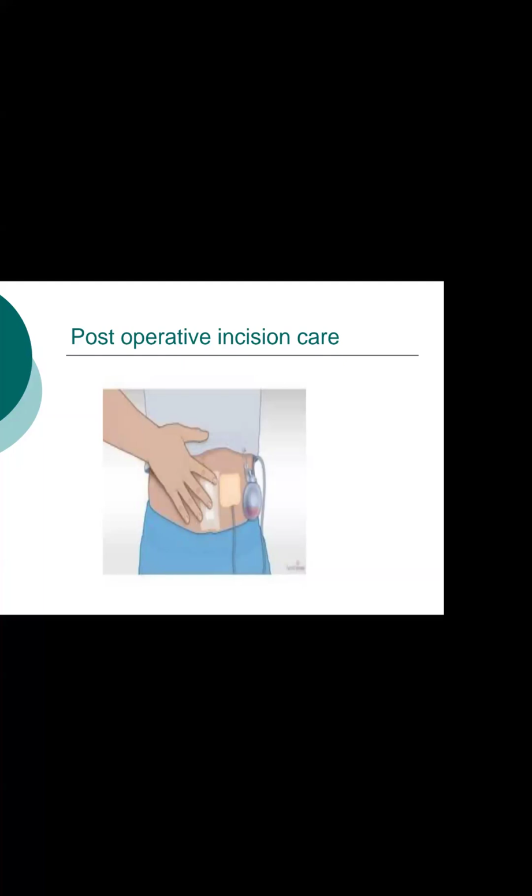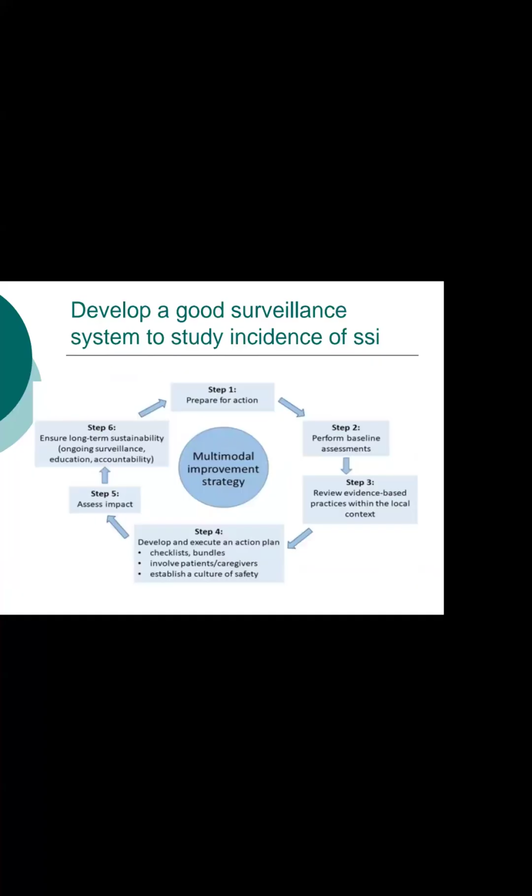And also the last option, develop a good surveillance system to study the incidence of SSI. So whenever there is an SSI in your hospital, study that so that you can prevent it in future. Use standardized case definitions. Use methods for inpatient and outpatient case finding. Assign surgical wound classification.